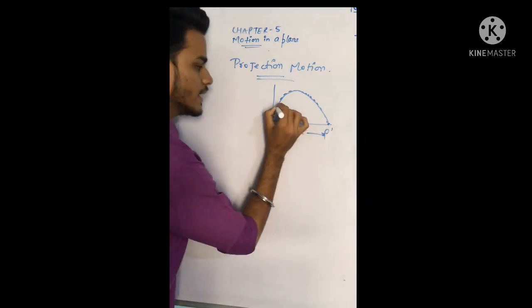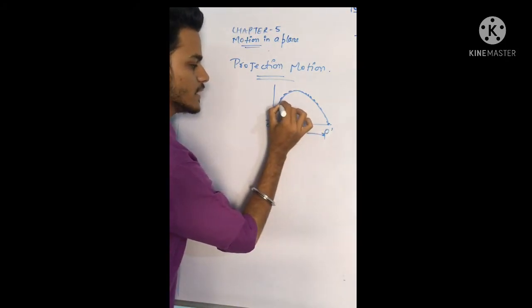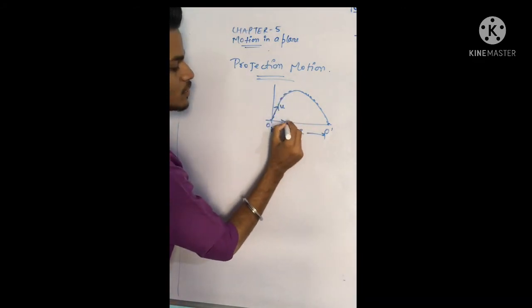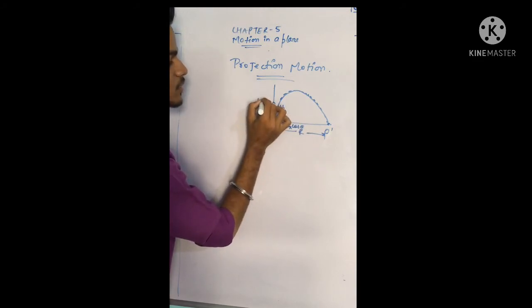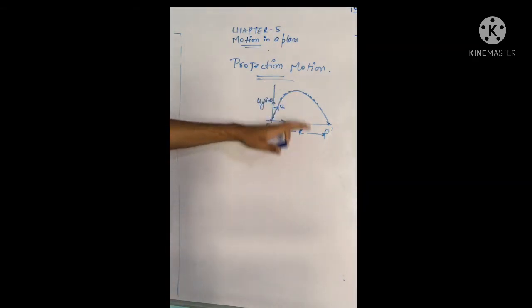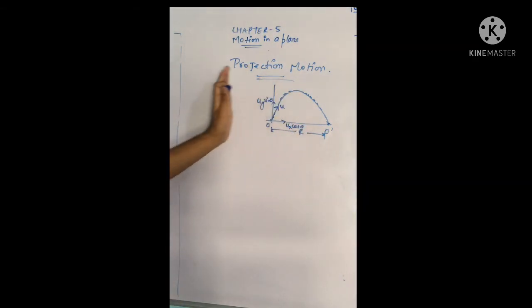Now if a ball is moving with the velocity u here, the horizontal component will be u cos theta, and the vertical component will be u sin theta.